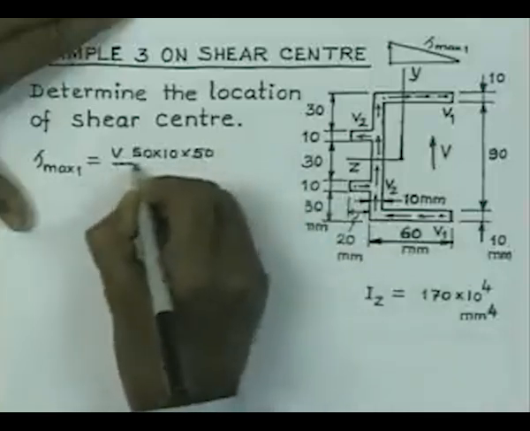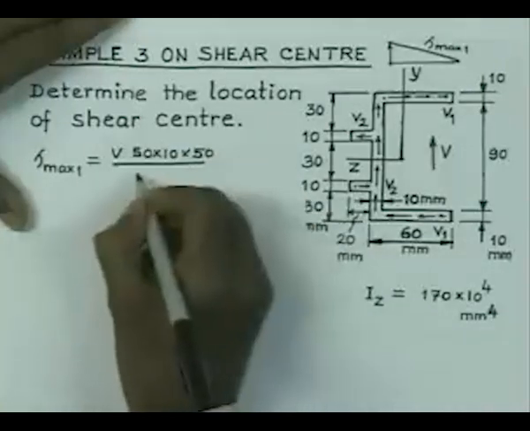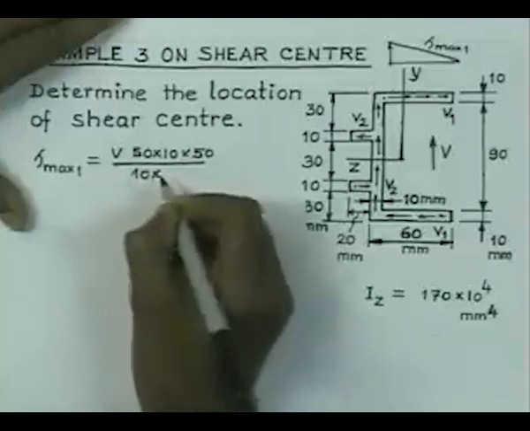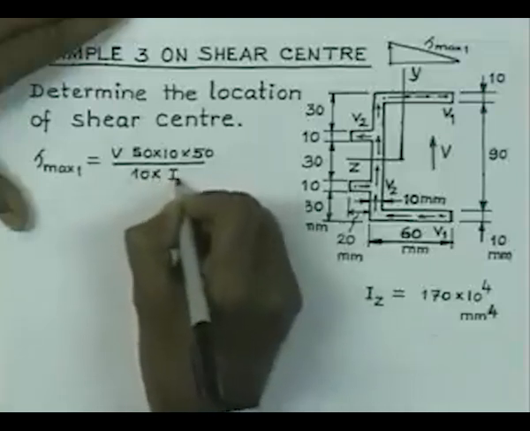So, this is nothing but Q, and divided by thickness of the wall by I z.